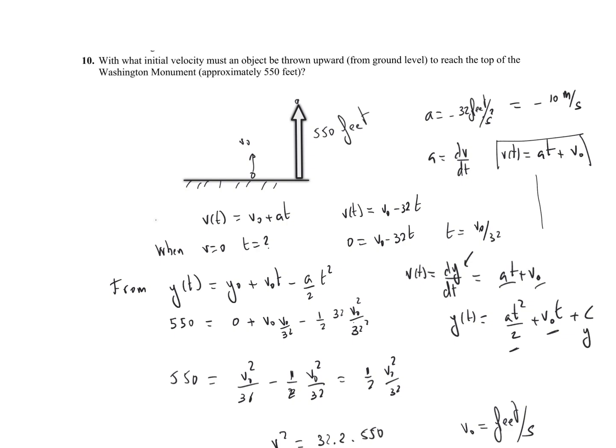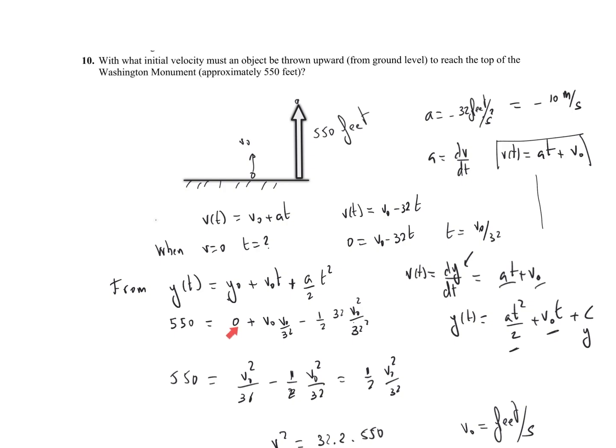So the equation is y of t equals y0 plus v0t, with v0 unknown, minus, because the acceleration is minus 32. I can put a plus here for now, and later when I plug in the number, I will put the acceleration as minus. So 550 equals y0.